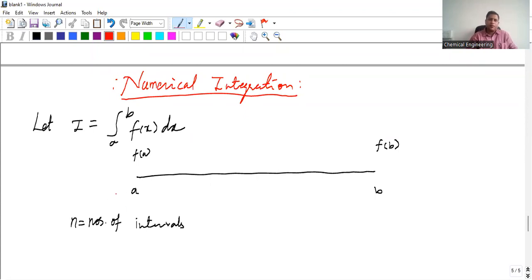Then we start with x0. So x0 is going to be the initial value a, and the last value is going to be xn. So we have to divide this interval a to b into n subintervals. So we can have here x1, x2, x3, and so on, we have xi, xi plus 1, and the final value is xn. Here h is the step size.